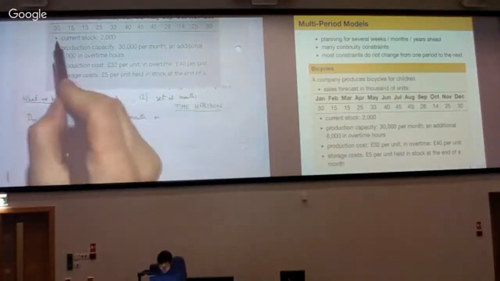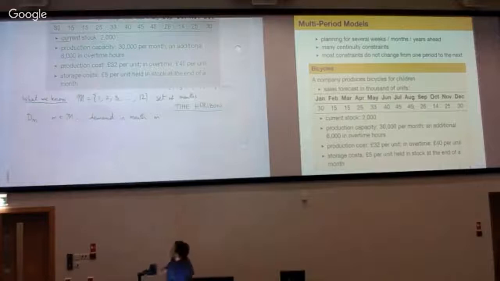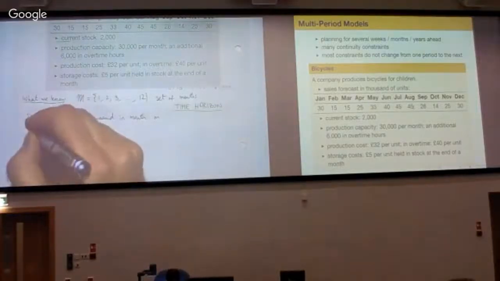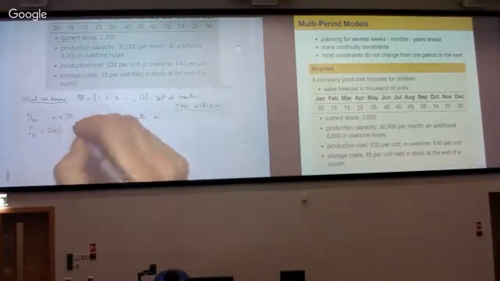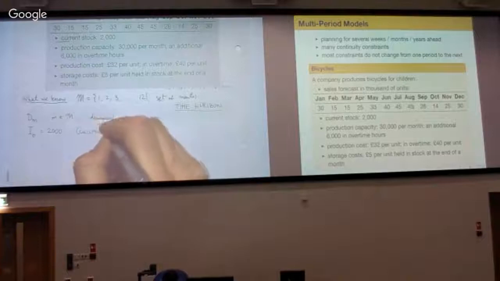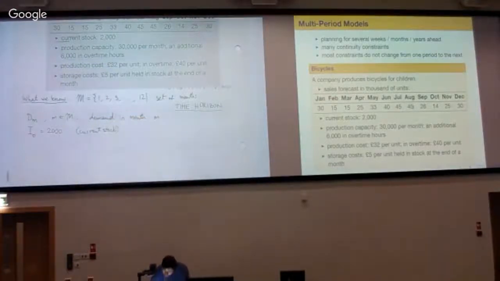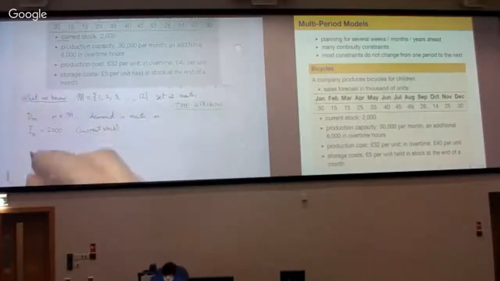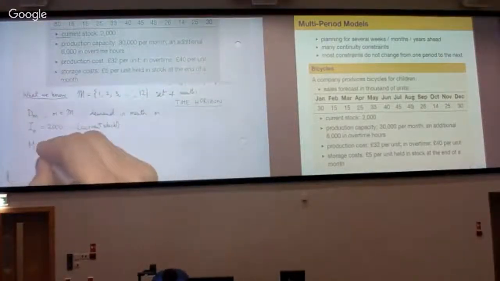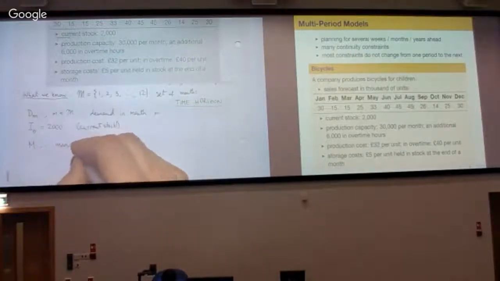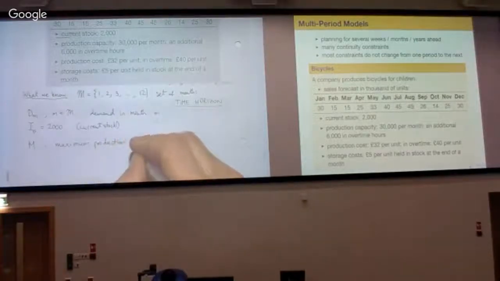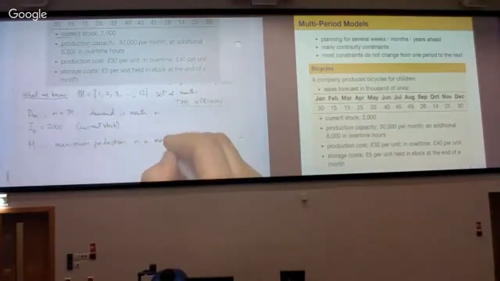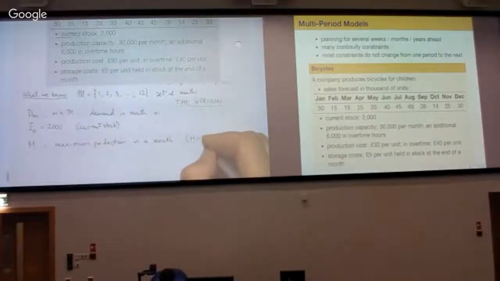What else do we know? Current stock. So current stock, for some reason I'll call it I0. We know the maximum production capacity. So this is 30,000.